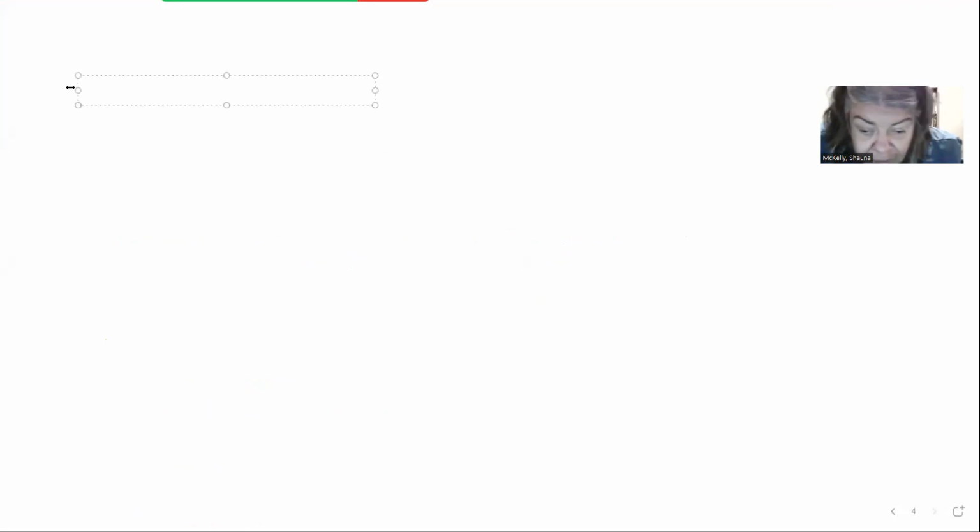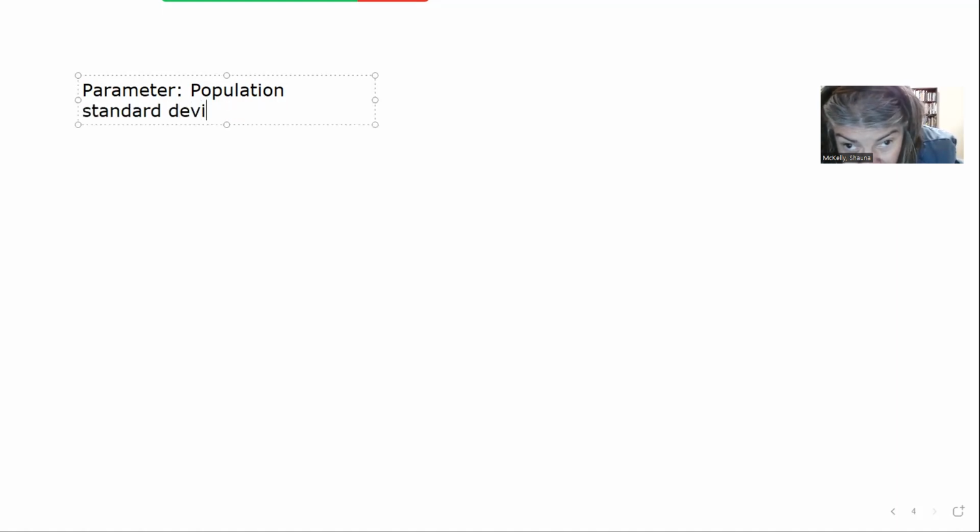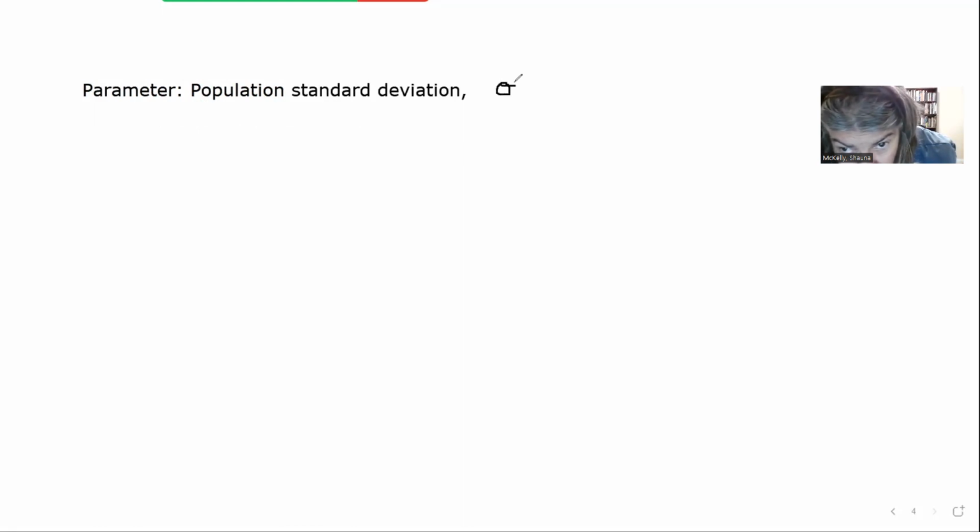The first one is we state what the parameter is. So the parameter here is, we write population, we're doing standard deviation. Sometimes we're doing variance, but in this case, it's the population standard deviation, and that is sigma. So we're going to put sigma there, okay?